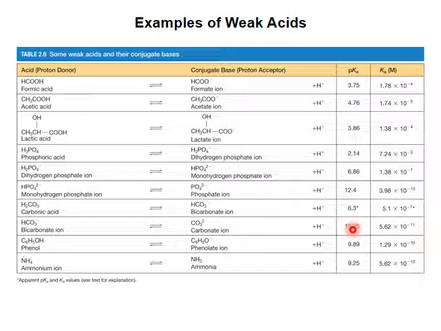So the key thing to remember here, you can rank these: the strongest of the weak acids is the one with the lowest pKa, and the weakest is the one with the highest pKa. You don't have to memorize these numbers, just know how to use them.